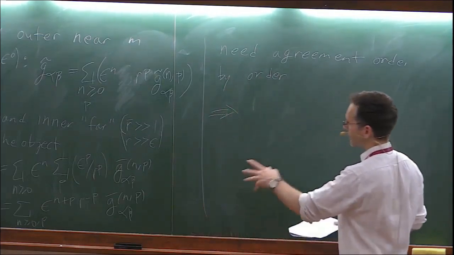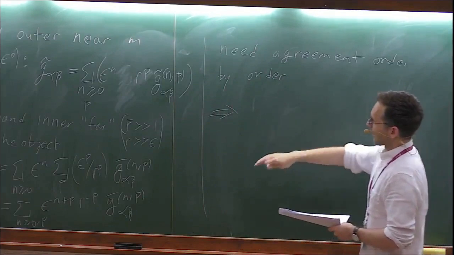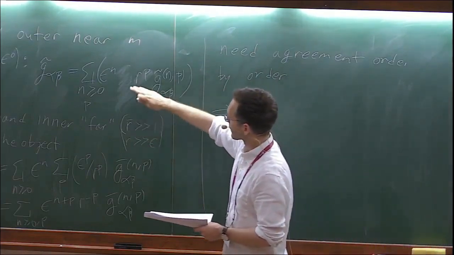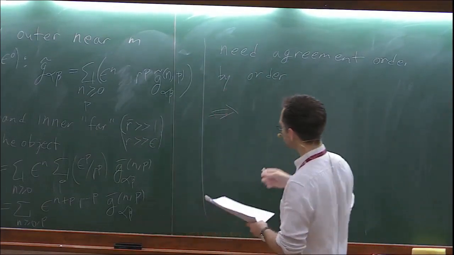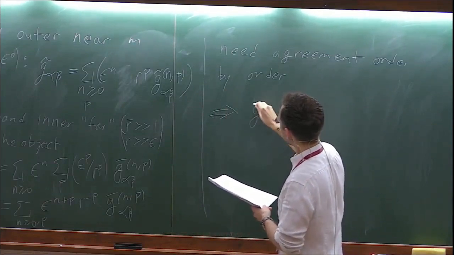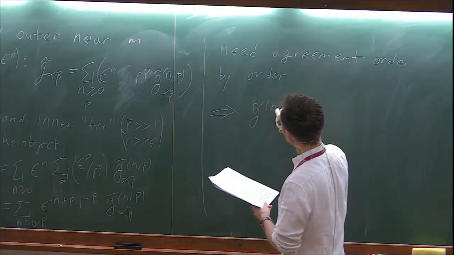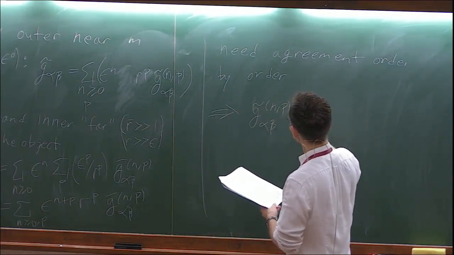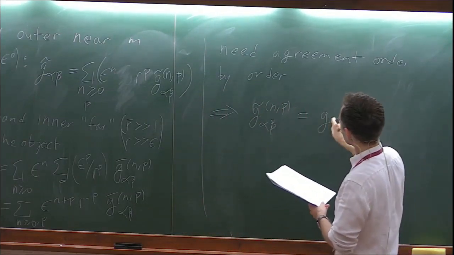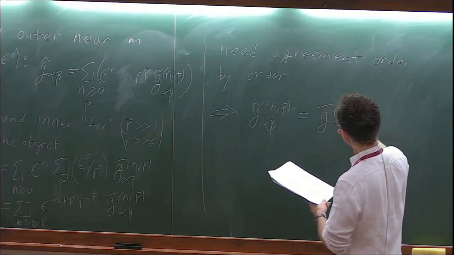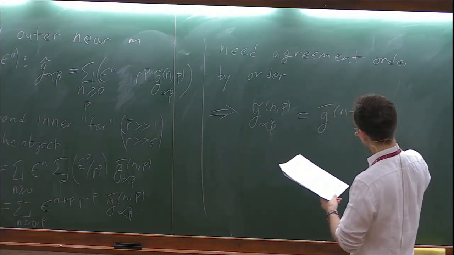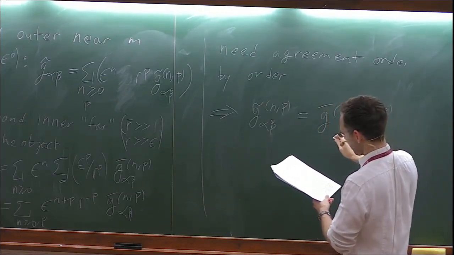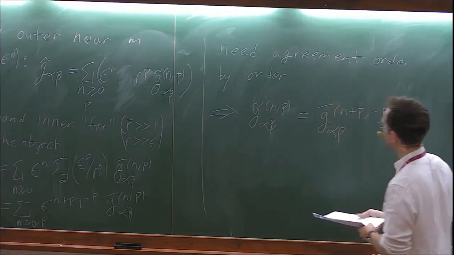So when we equate coefficients of powers of epsilon and r between this expansion and this expansion, we get the condition that g tilde of n p alpha beta has to equal g bar of n plus p, minus p alpha beta.